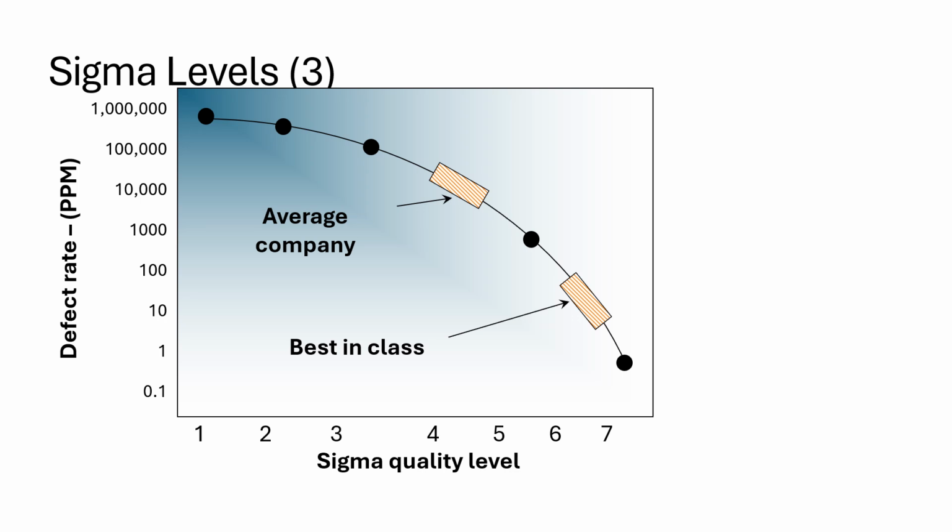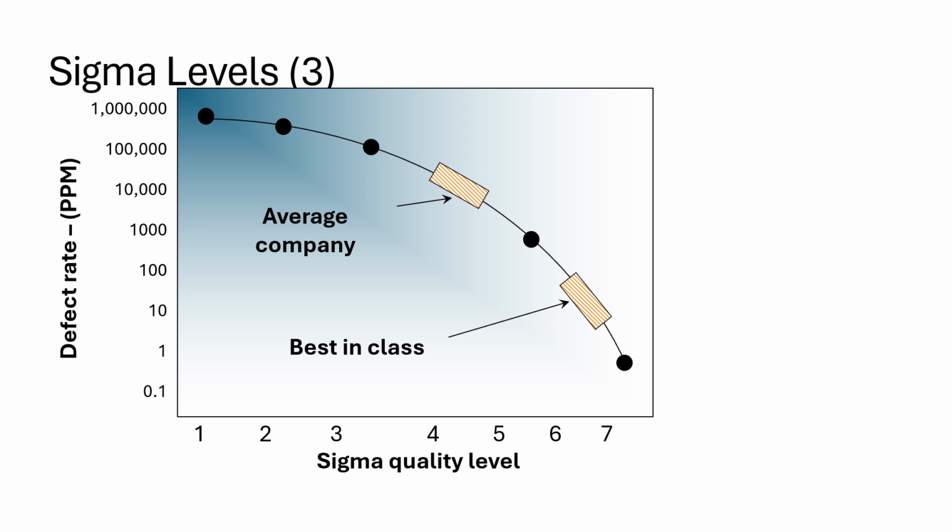Let's look at this diagram. On the left, you see the defect rate per million opportunities. So it starts at 0.1 and it shoots up to 1 million. And then you see horizontally the sigma quality level. So at 1 sigma quality level, whoa, you're at 1 million defect rate.